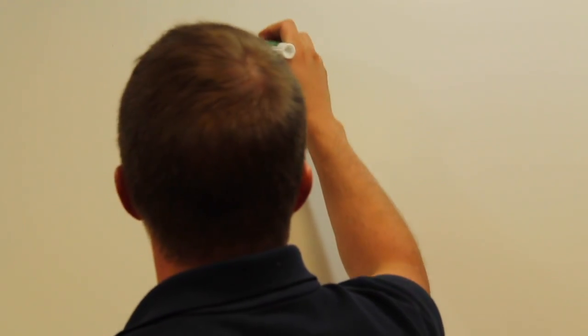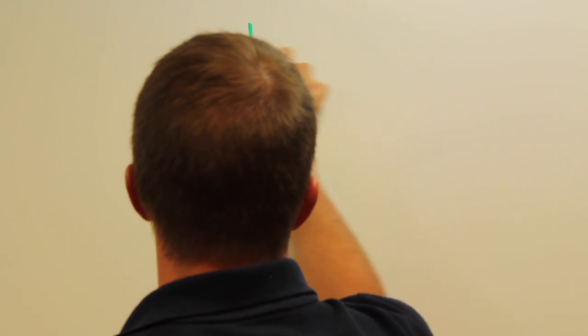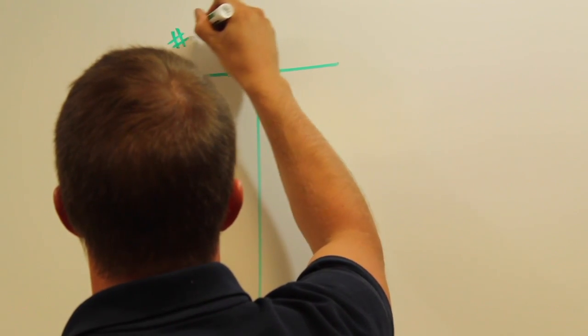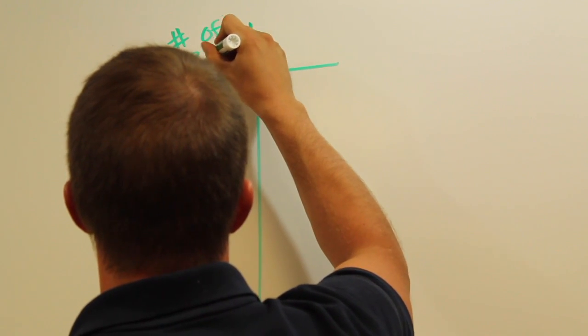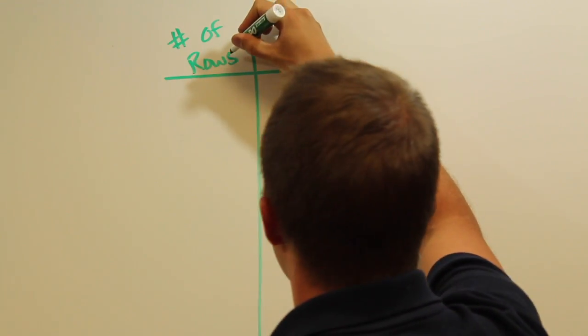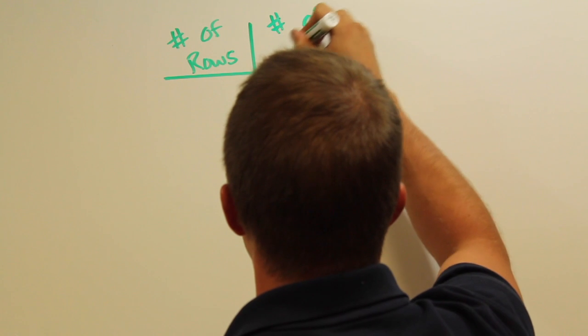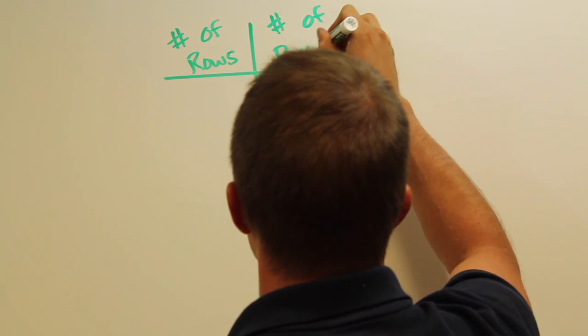Okay, so now we're going to use the ratio table to solve the same problem. Again, there's a plane with 36 passengers, 4 people in each row. How many rows total? So I'm going to set up my ratio table. This is going to be number of rows, and this is going to be number of passengers.